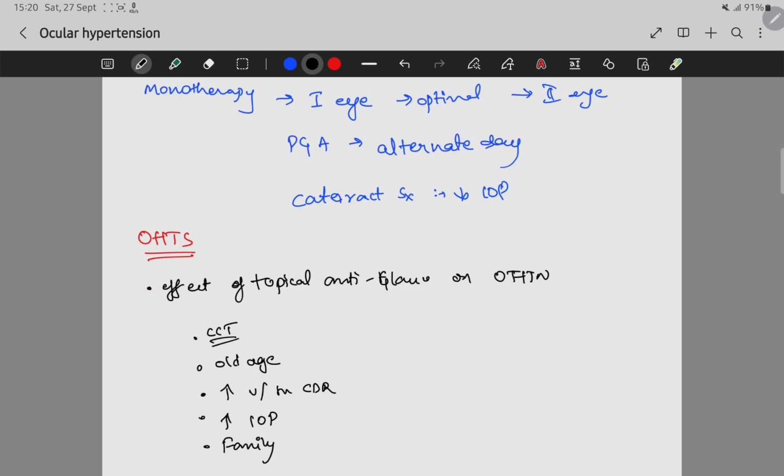Based on this, they created a risk calculator, named the OHTS 2 risk calculator.